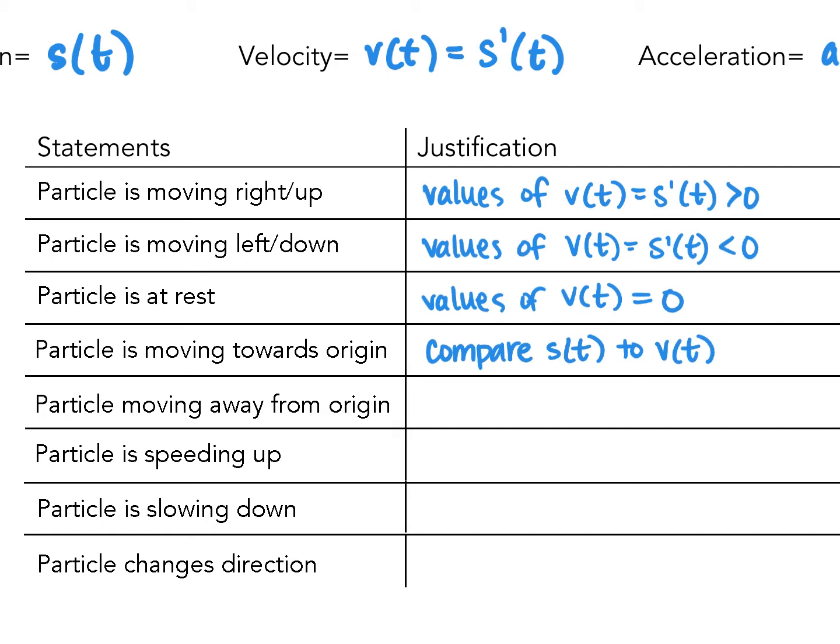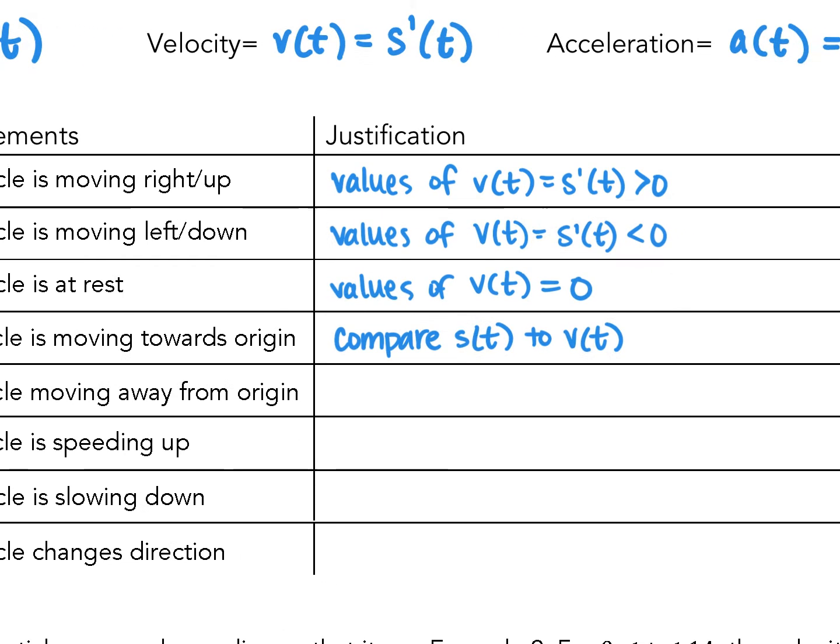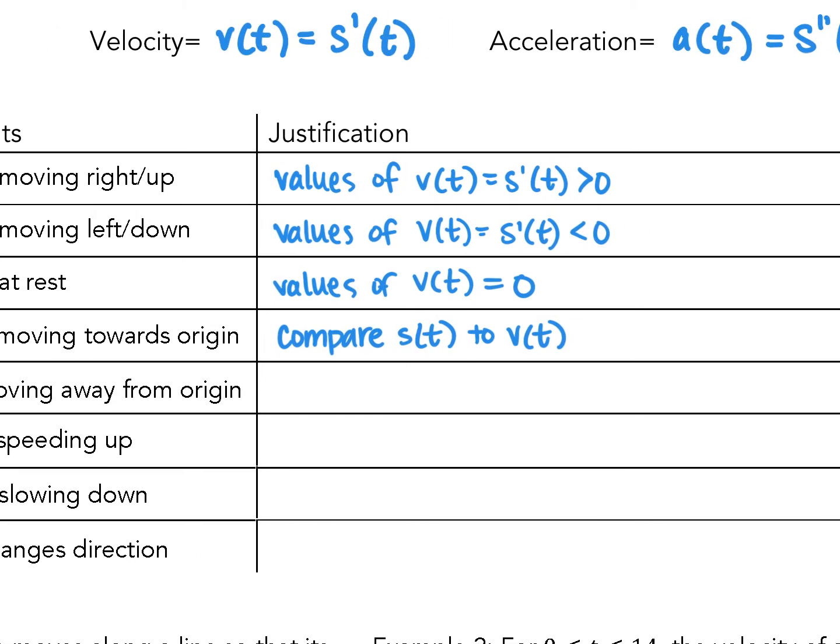So you should have a row for what the position values are, and you should have a row for what the velocity values are. And if it's moving toward the origin, then they have opposite signs from each other. And if it's moving away from the origin, when you compare the position to the velocity, they will have the same sign.